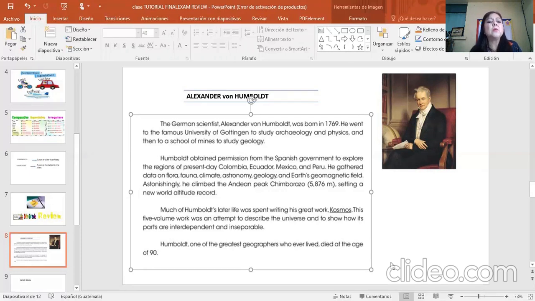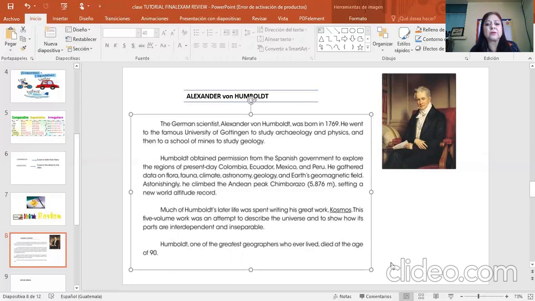Humboldt obtained permission from the Spanish government to explore the regions of present-day Colombia, Ecuador, Mexico, and Peru. He gathered data on flora, fauna, climate, astronomy, geology, and Earth's geomagnetic field. Astonishingly, he climbed the Andean peak Chimborazo, 5,876 meters, setting a new world altitude record.